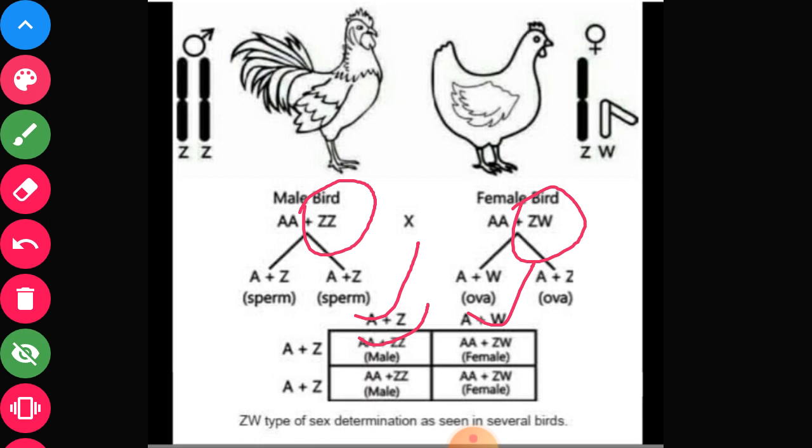If Z is fertilized with W, then they develop into female. So here is female heterogamety. Female produce two types of gametes, 50% containing W and 50% containing Z. But male produce only Z gametes, containing only the Z chromosome. So this is female heterogamety that is found in birds.